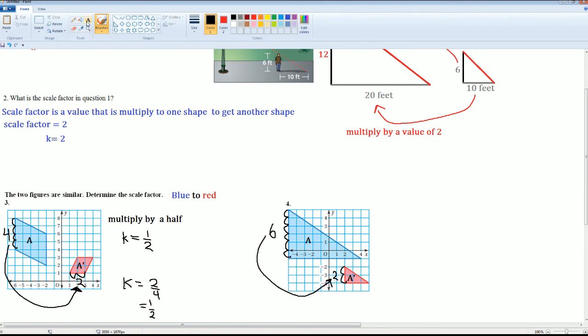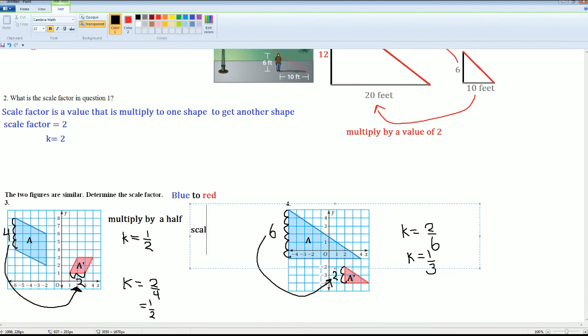We multiply by something. So let's just put the K. Grab the second value, which is 2. Divide it by the first value, which is 6. What's 2 over 6? 1 over 3. That is what the K is. So the K is 1/3. The scale factor is 1/3.